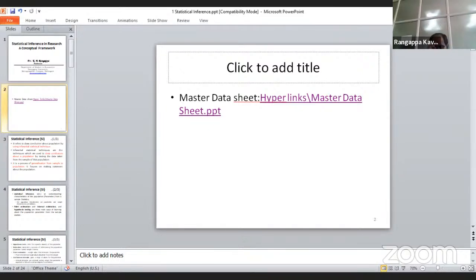So now, with these basic things about data management, let me come to my core aspect, which is statistical inference. As I already told you earlier, drawing inference is very, very important. It is based on the way you draw the inference that you write the findings of your thesis.